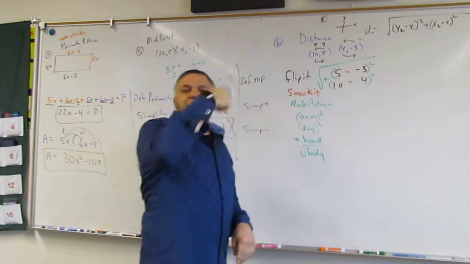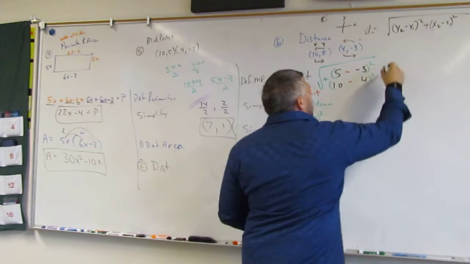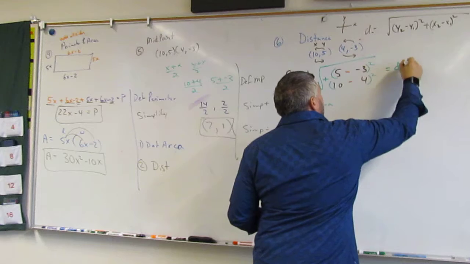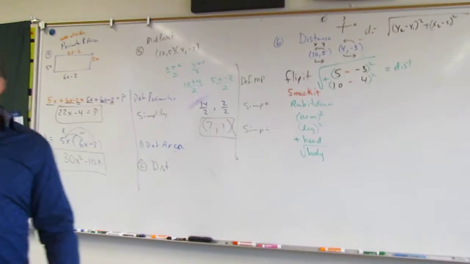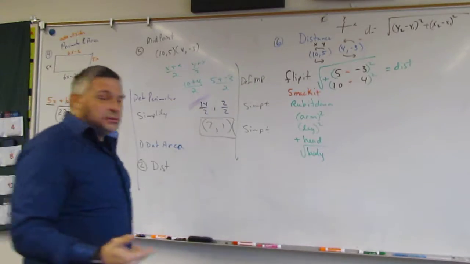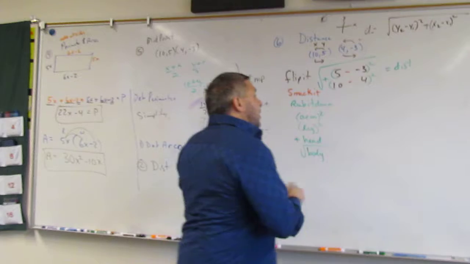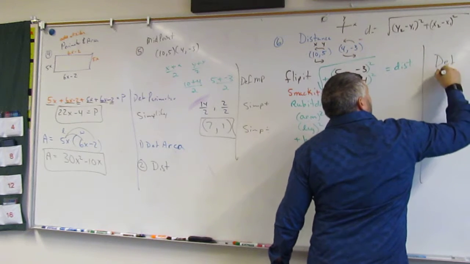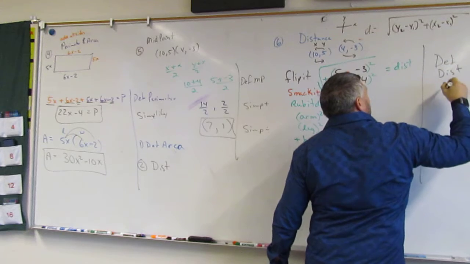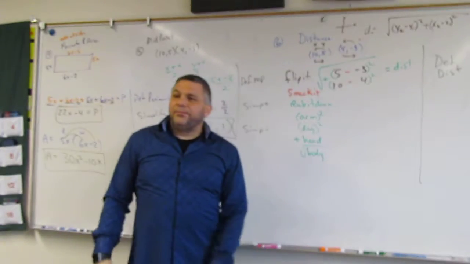And that's your distance formula. It's a really nice way to remember a very complex formula. Now we got to do the math. Definition of distance, right? And that's what lets us set that up.